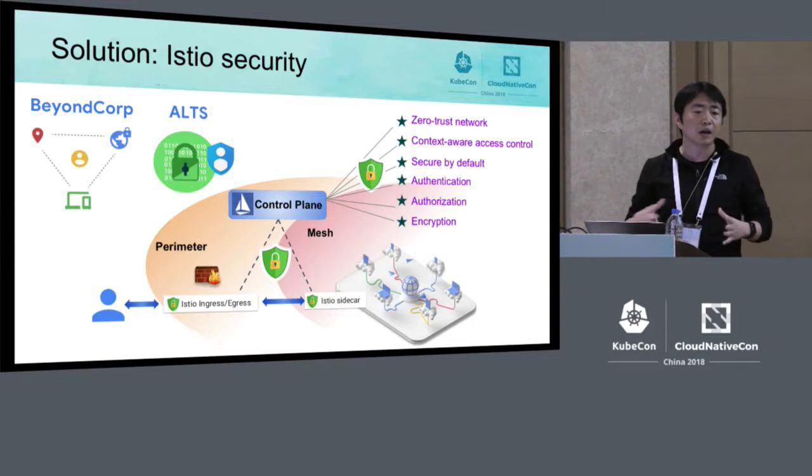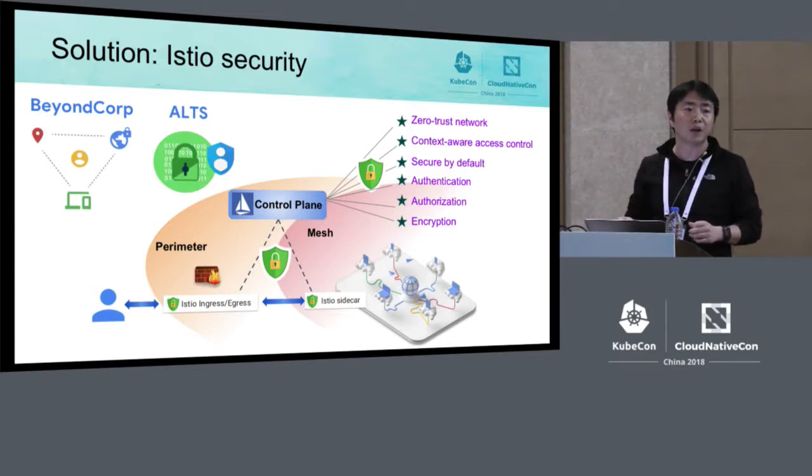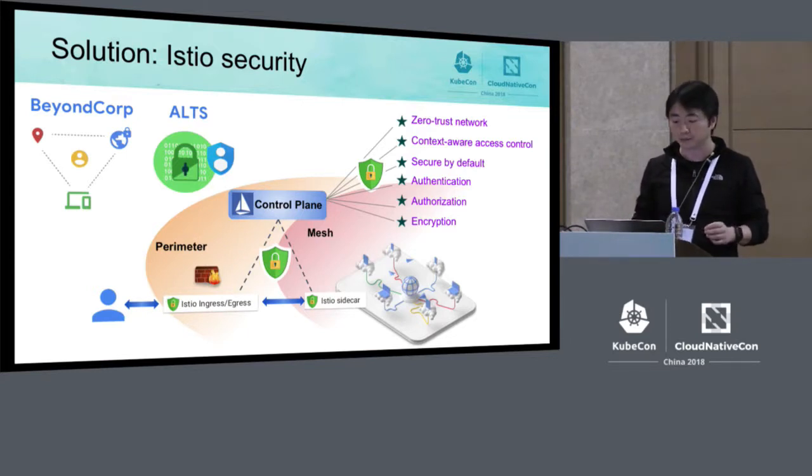Same as Application Layer Transport Security, Istio encrypts the traffic within the service mesh. Every access is encrypted, authenticated, and authorized based on the context information.